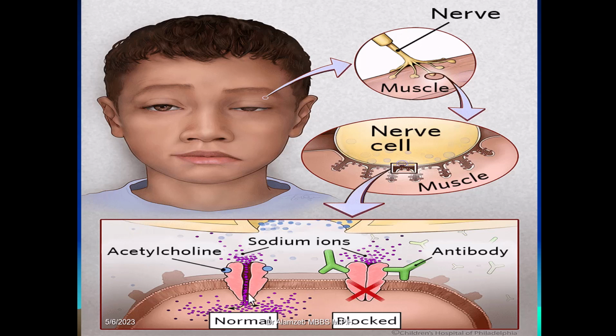Here you can see a normal receptor, and here acetylcholine rushes to the muscle fiber. But here the receptor is damaged by the antibody, so the acetylcholine cannot pass to the muscle and cannot produce an action potential.